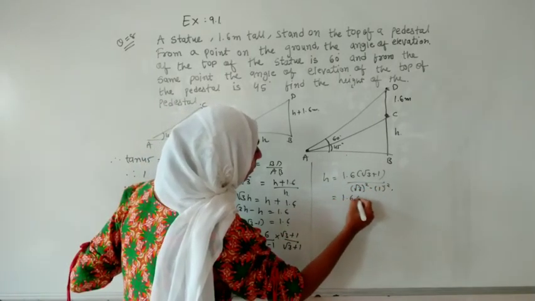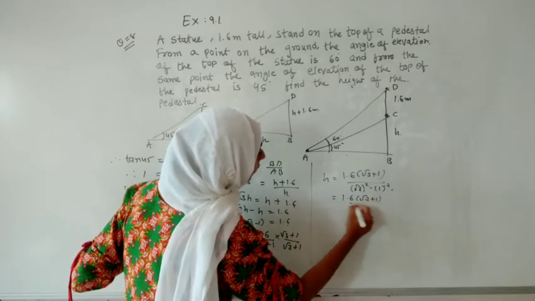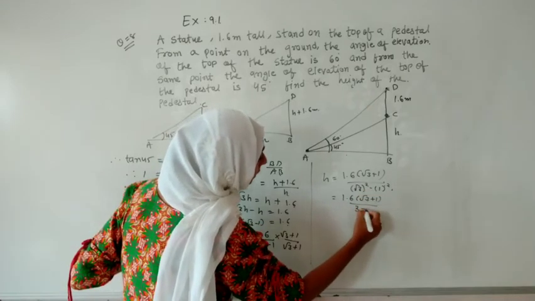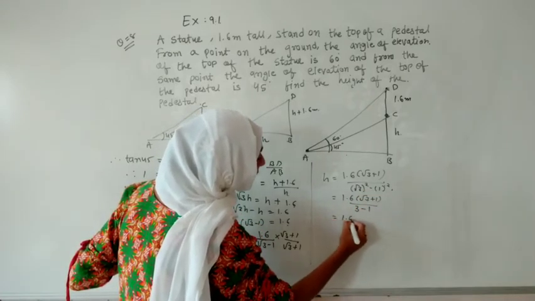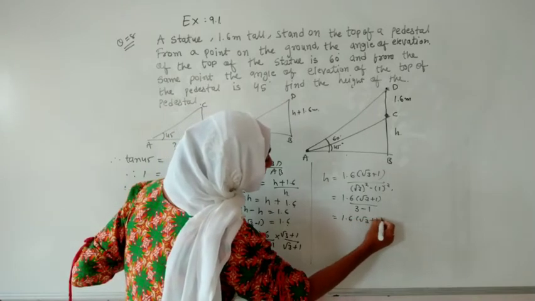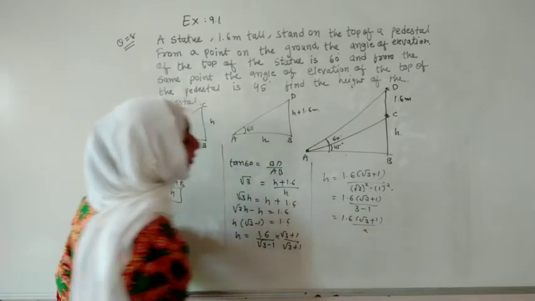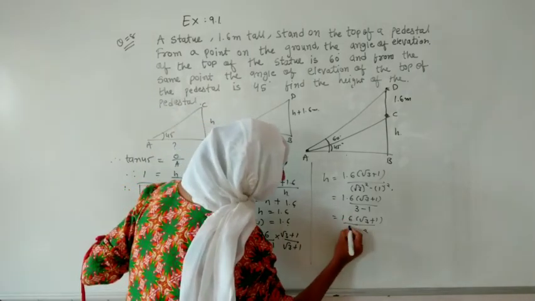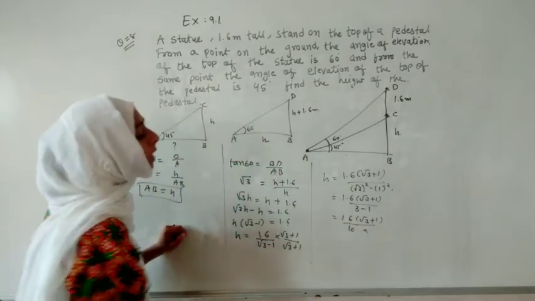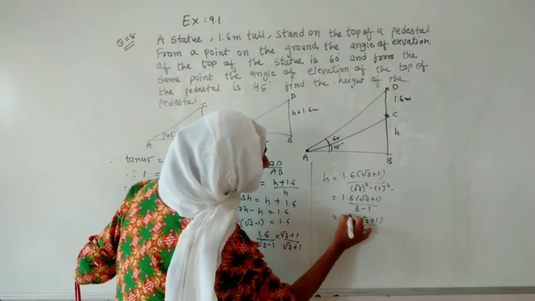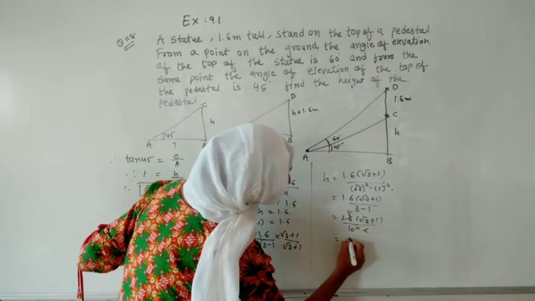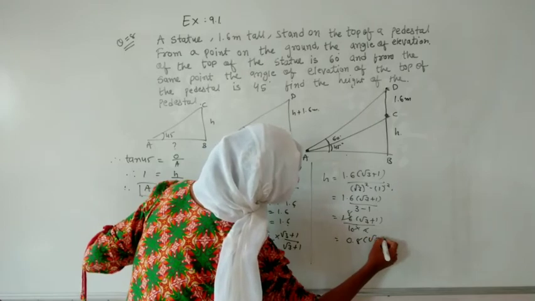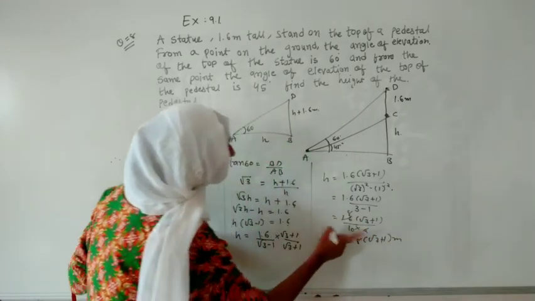So now it will become 1.6 root 3 plus 1 over 3 minus 1, that will become 2. If we remove the decimal point here, it will become 16 over 2 times 10. Now let me remove it, so it will become 8. So our answer will be 0.8 times root 3 plus 1, and then you have to write meter.